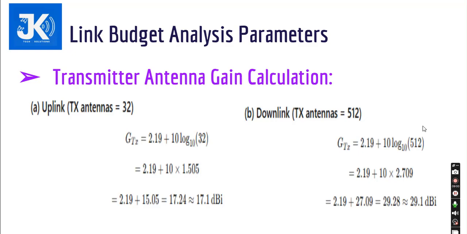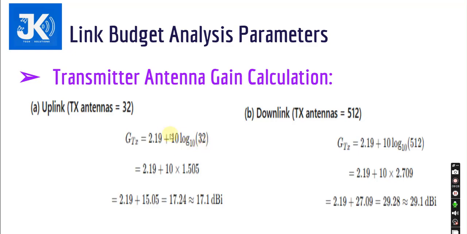Now let us calculate the transmitter antenna gain. As you can see here, for uplink, as I already said, the transmitting antennas is equal to 32, and for downlink, the transmitting antennas is equal to 512. To calculate the gain of the transmitting antenna, we have a formula: G of T equals 2.19 plus 10 log10 of n. Instead of n, we have substituted the number of transmitting antennas, which is equal to 32.